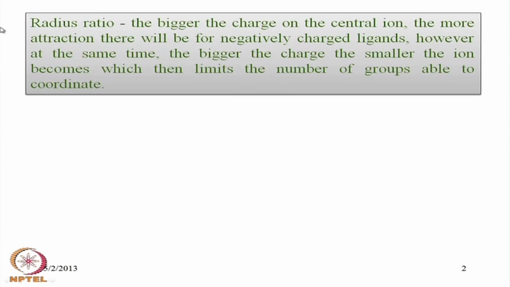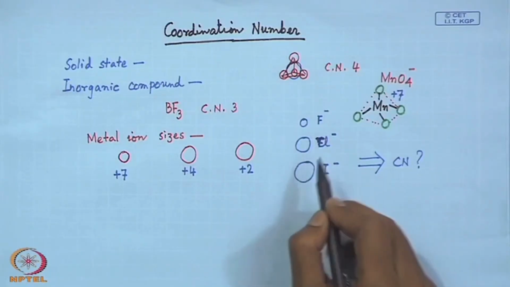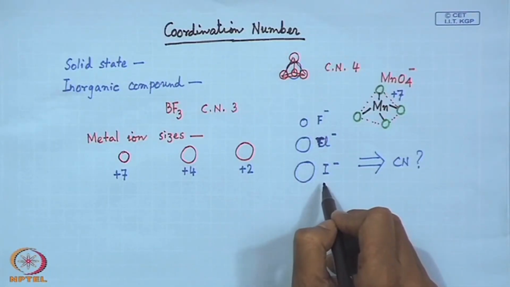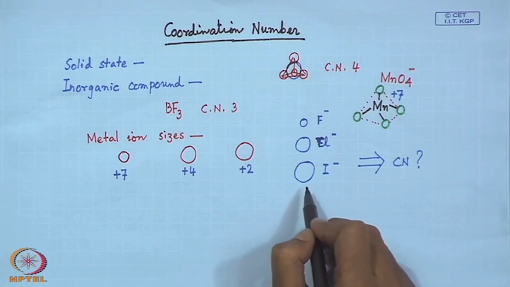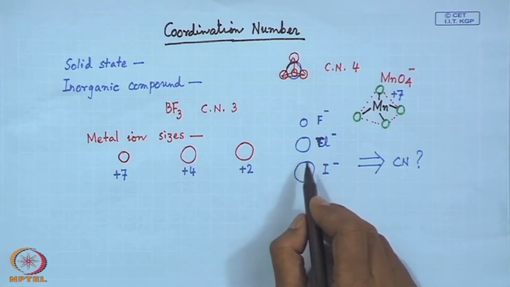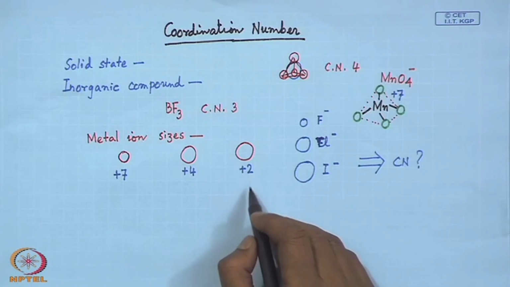Like our solid state geometry, the radius ratio. The bigger the charge on the central ion, the more attraction there will be for negatively charged ligands like fluoride, chloride and iodide.